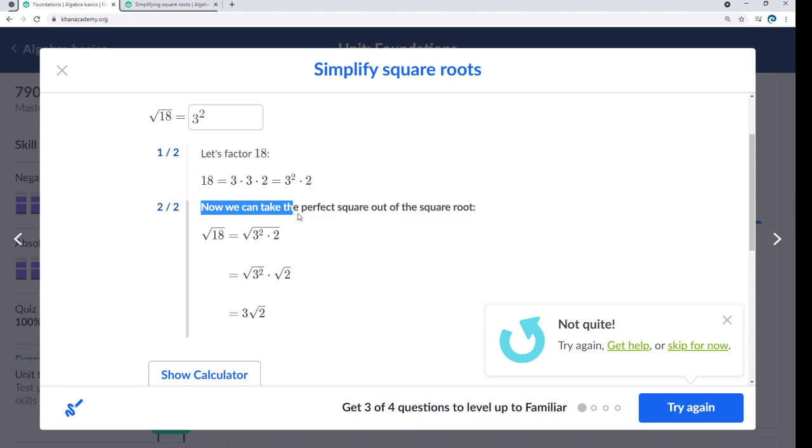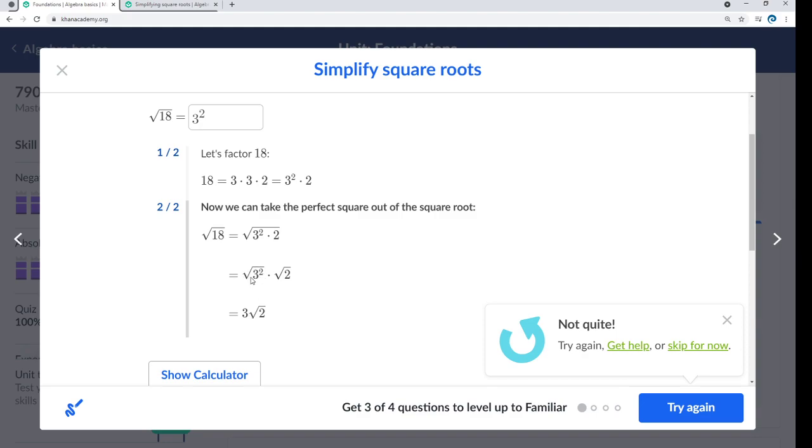Okay. Now we can take the perfect square out of the square root. So this is 3. So the square root of 18 is equal to 3 to the second power times 2. But why? Oh, because it's the square root of 3 to the second power.